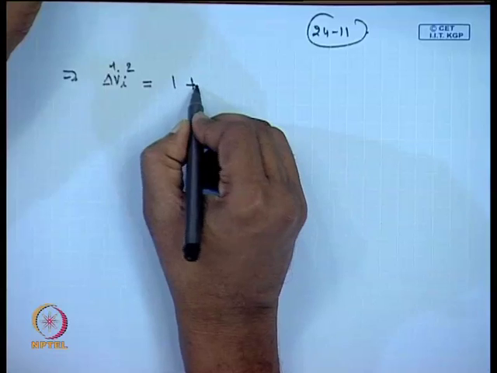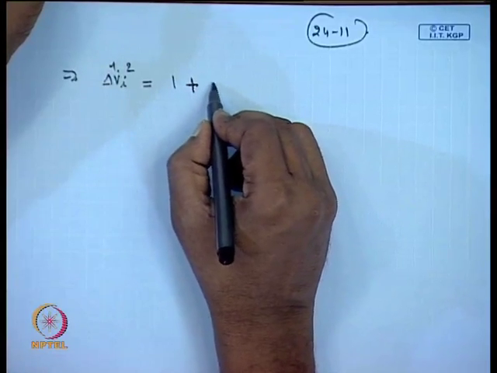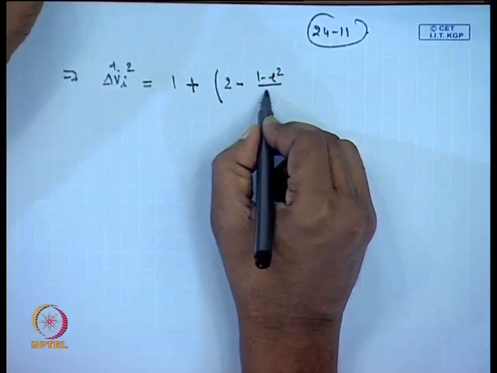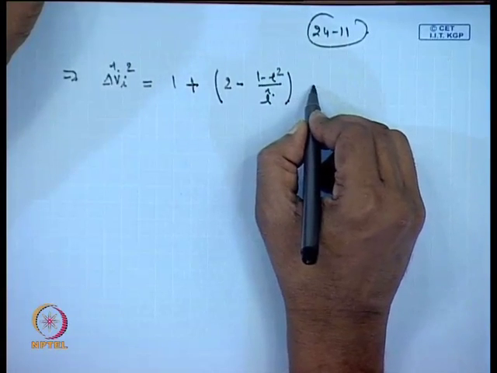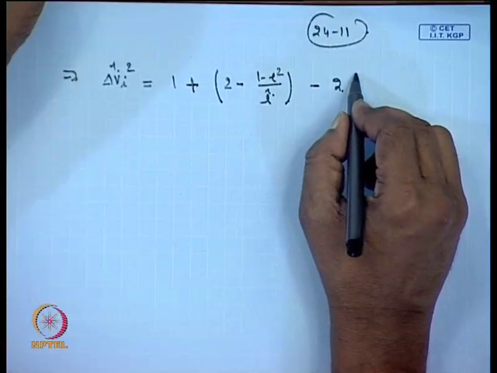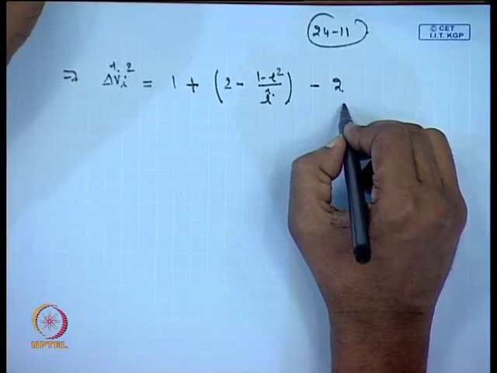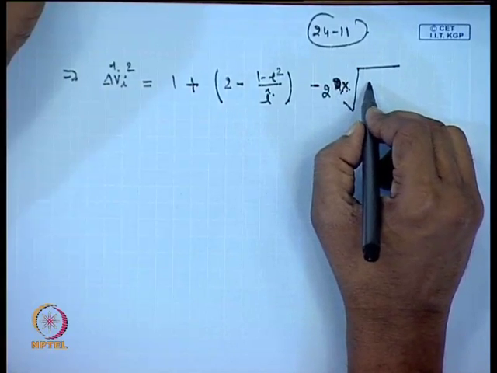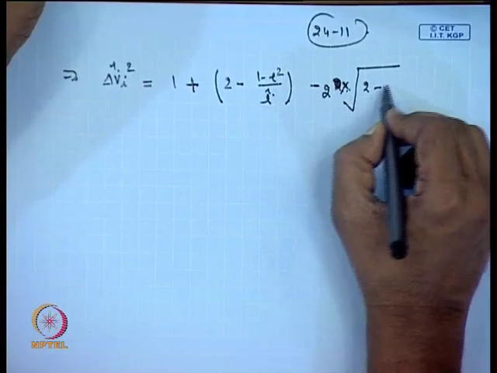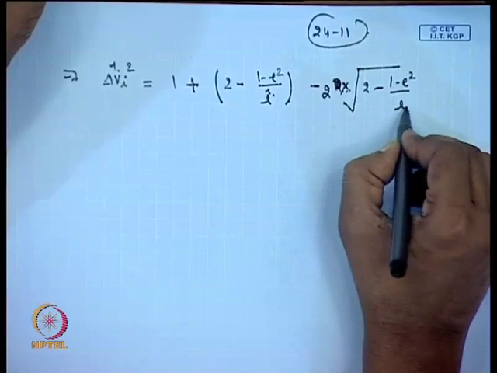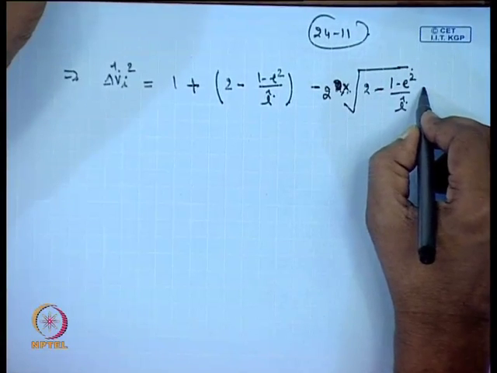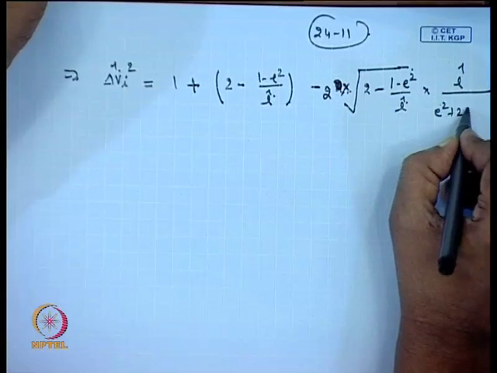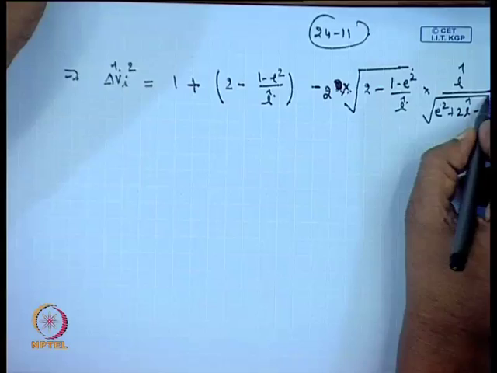So, this will be 1 plus V I E by V I C. Earlier we have derived this quantity is nothing but 2 minus 1 minus E square by L cap. So, 2 times V I E by V I C is 2 times 2 minus 1 minus E square by L cap, and this multiplied by L cap divided by E square plus 2 L cap minus 1 under root.